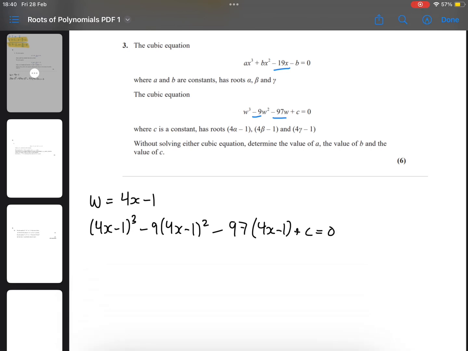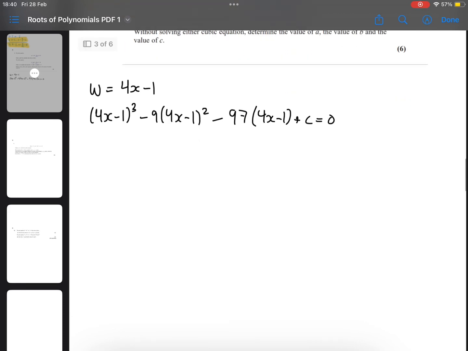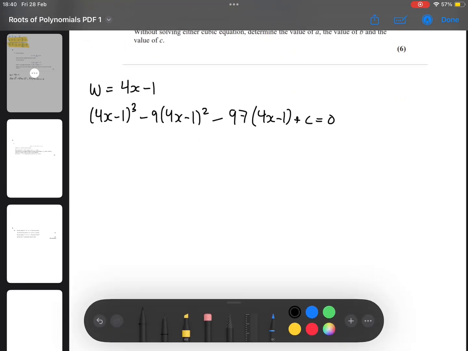And if we binomial expand that, which I'll leave out of the video, one of the bits where I'm trying to make it slightly shorter, you'll get 64x cubed minus 192x squared minus 304x plus 87 plus c equals 0.